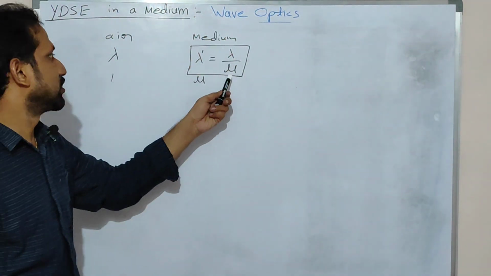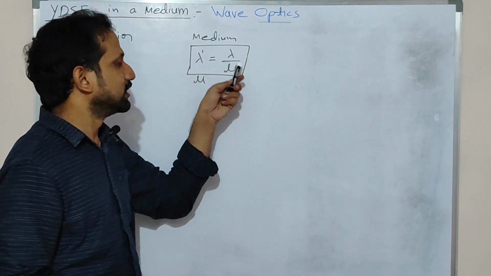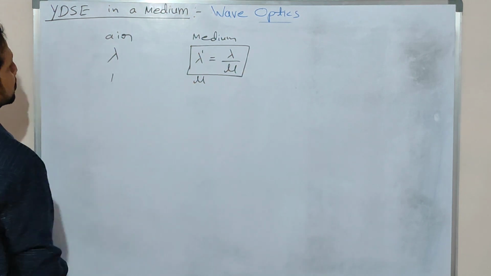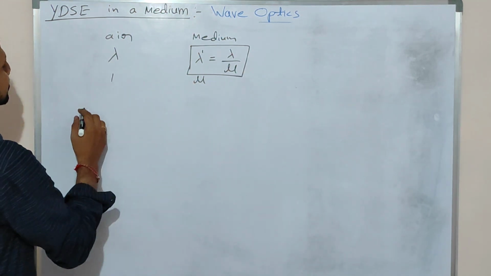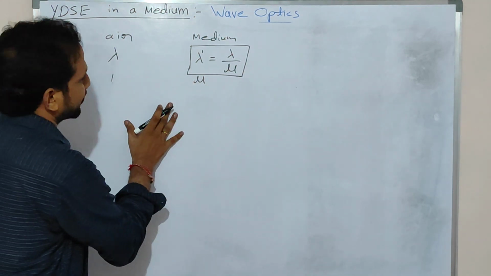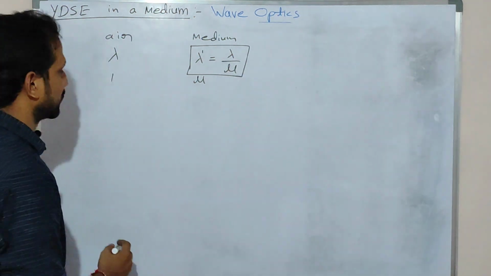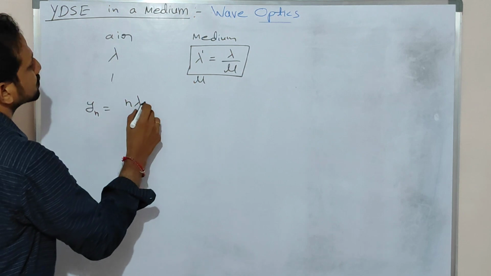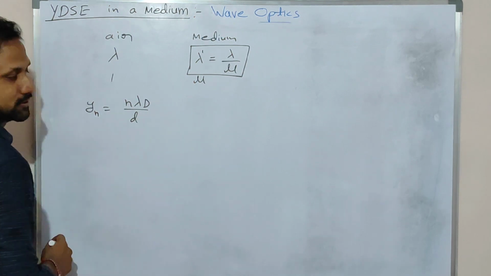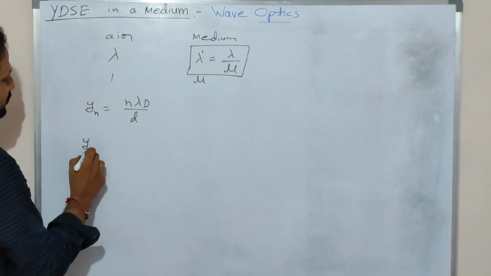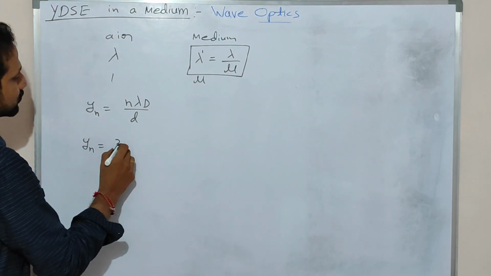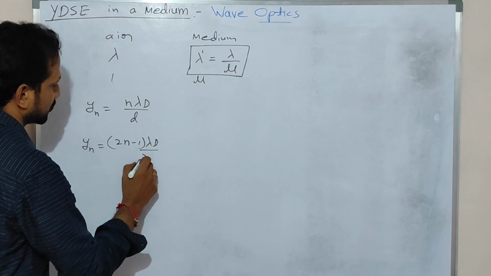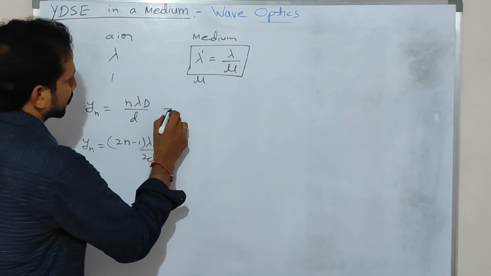So what will change here? First is the location of the nth bright fringe and nth dark fringe formula. Yn is n lambda D by d, and for the dark fringe, yn equals (2n minus 1) lambda D by 2d. These will change.